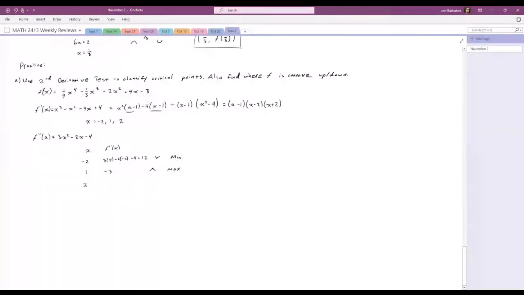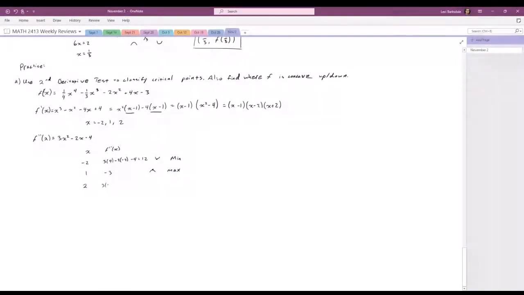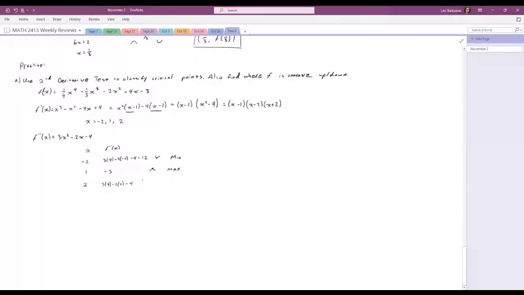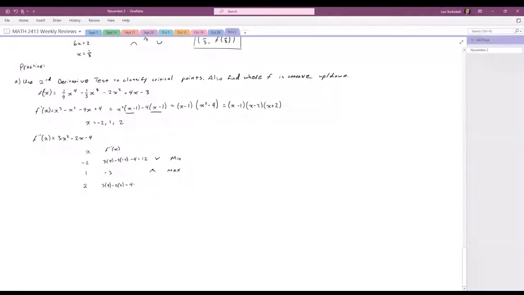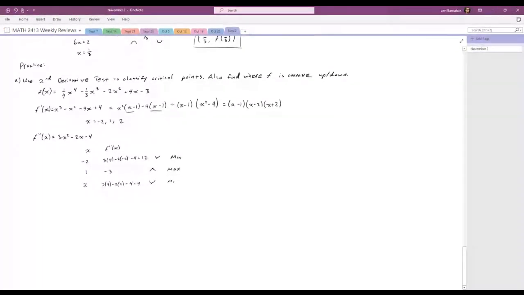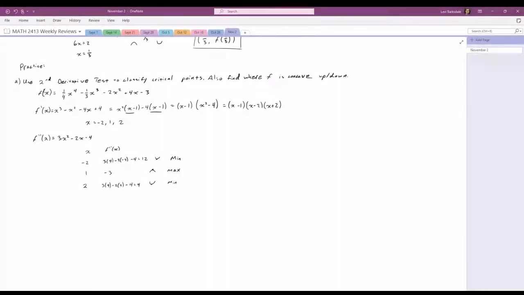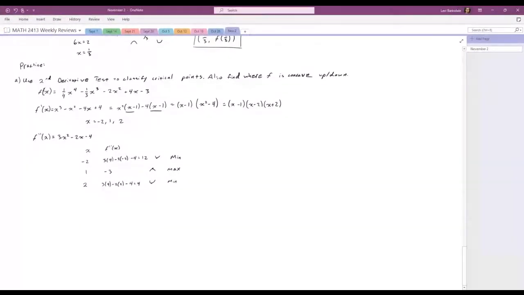Lastly, at x is equal to positive 2, I have 3 times 4 minus 2 times 2 minus 4, which would get me 12 minus 4 is 8 minus 4 is 4, which is positive, so I'm concave up. Again, I have a minimum. Okay, so I've now classified my critical points using the second derivative test. I found that I had a minimum at negative 2 and positive 2 and a maximum at positive 1.